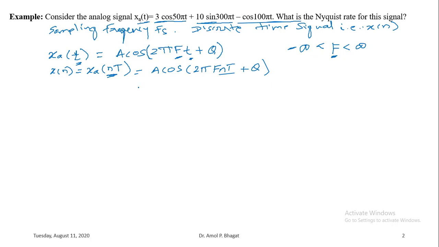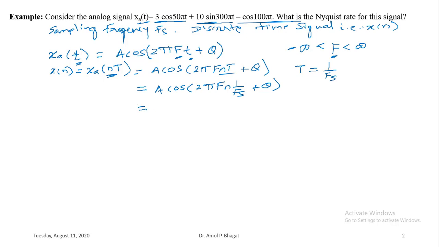Again, this capital T is called the sampling period, or the sampling interval between successive samples. This capital T is nothing but 1 upon Fs, and this Fs is the sampling frequency. So this capital T can be replaced with 1 upon Fs, plus theta.